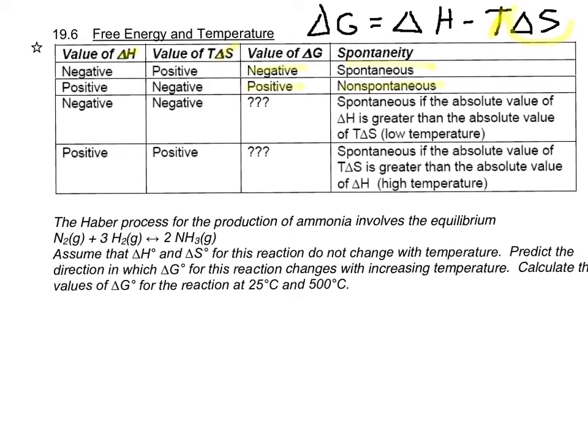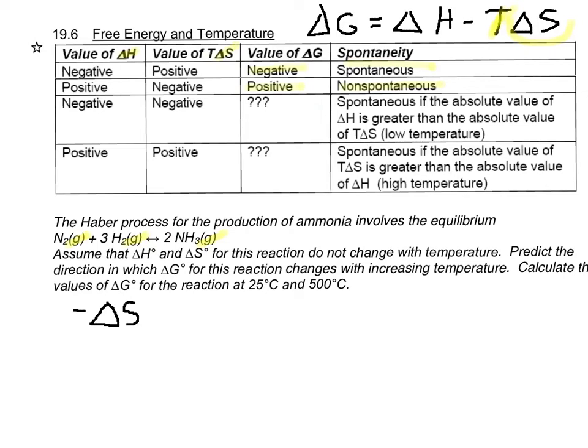Here we have 4 moles of gases turning into 2 moles of gases. So this reaction is becoming more ordered, it's becoming less disordered, and so delta S is going to be negative.